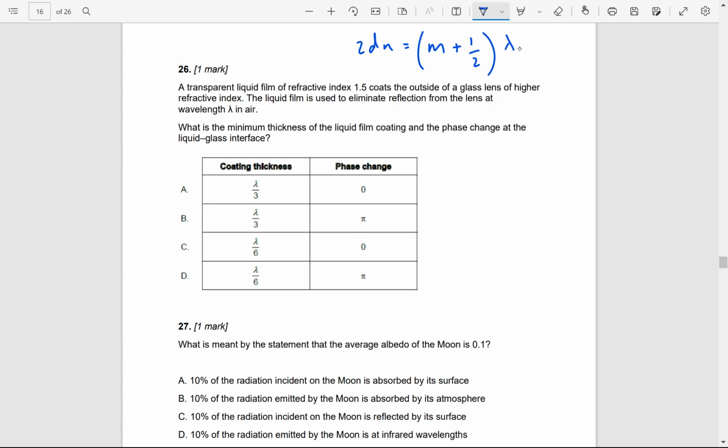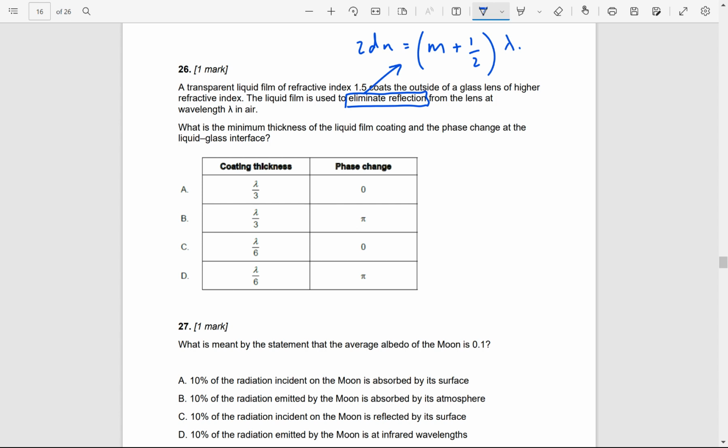If we are eliminating reflection from a single interface, a liquid glass interface with a single phase change, then we want this formula.